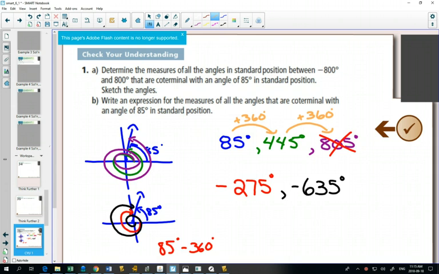Or you could start at 85 and subtract 360 and subtract 360 and run into other coterminal angles. Yes? So with any angle, is it always just plus or minus 360?